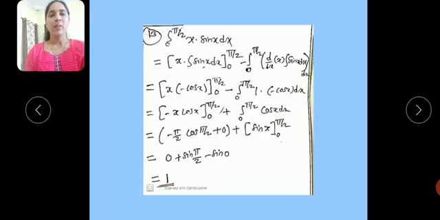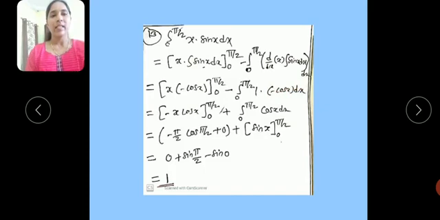By using this rule, we get x into integration of sin x dx, integration from 0 to pi by 2, minus integration from 0 to pi by 2 of d upon dx of x into integration of sin x dx. Next step: x as it is, integration of sin x is minus cos x, with limits from 0 to pi by 2, minus integration from 0 to pi by 2 of the derivative of x, which is 1, into integration of sin x, minus cos x, dx.